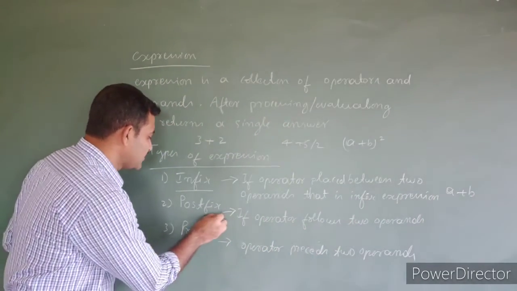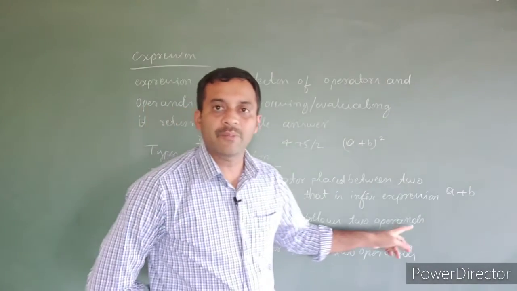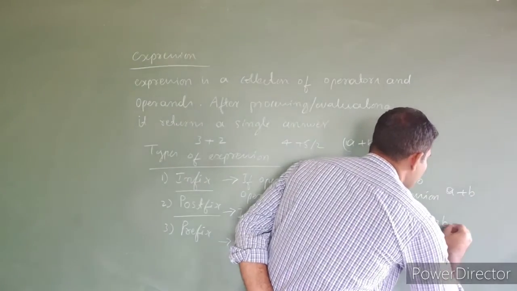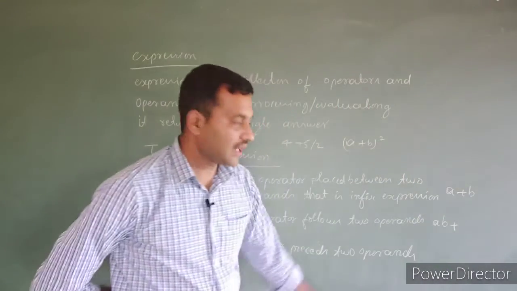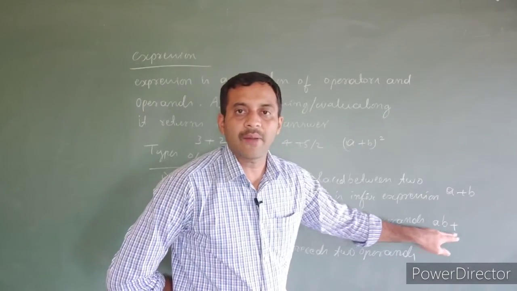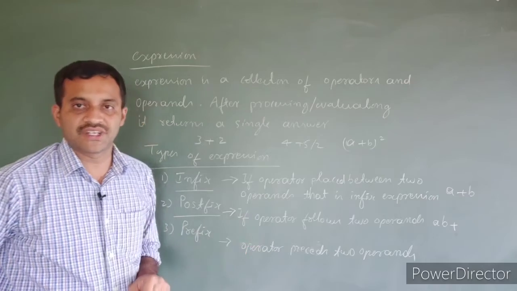Then let's see what is postfix. If the operator follows 2 operands, see the expression a b plus. The operator plus follows 2 operands, hence it is a postfix expression.